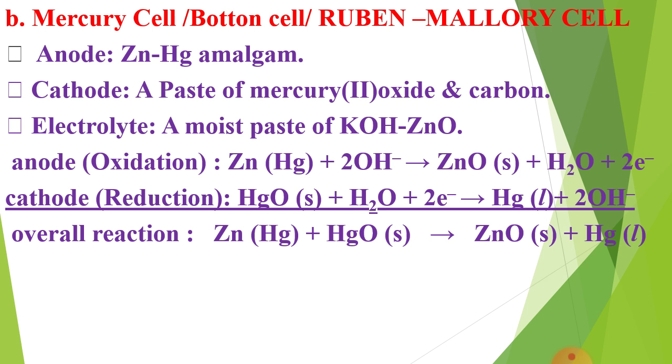That's why this reaction does not use up electrolyte. Now the net reaction is Zn(Hg) plus HgO gives ZnO plus Hg. So you have to learn these reactions. This type of question, write the net reaction or the reactions at cathode and anode occurring in the mercury cell, is asked in board examinations.